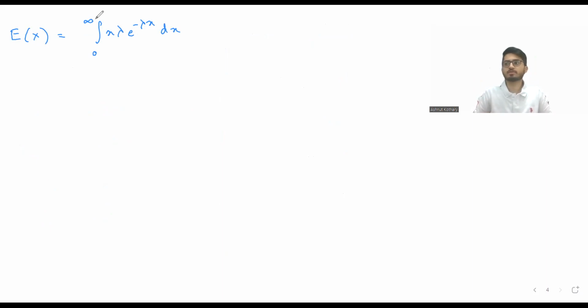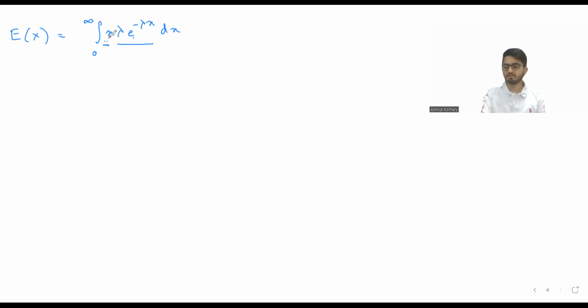You could directly use the result here, or you could also apply integration by parts. If I want to apply integration by parts, I can take x as the first function and lambda e to the power minus lambda x as the second function. First, I will keep x constant and integrate the second term, minus the differentiation of x times the integral of this term, and again we integrate it. You can go about that, but I will try to use the gamma integral because that will be a lot easier.